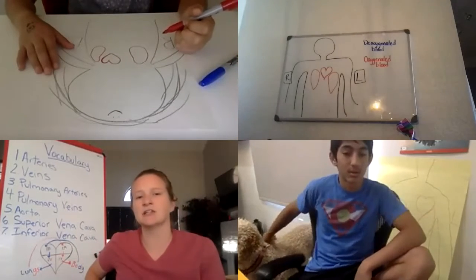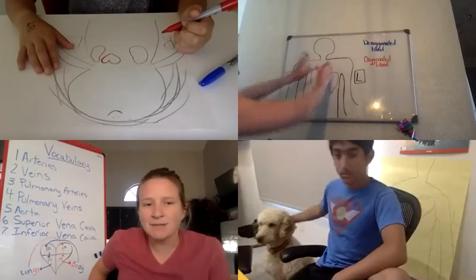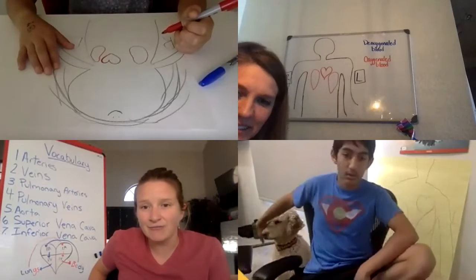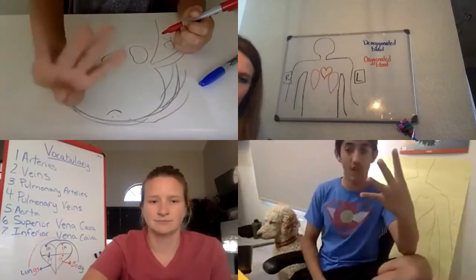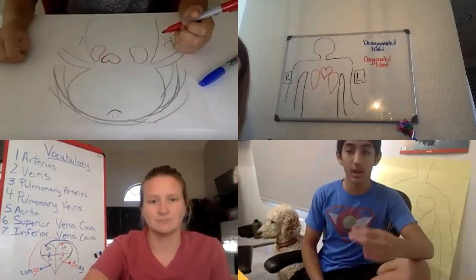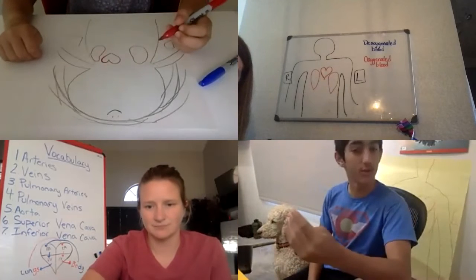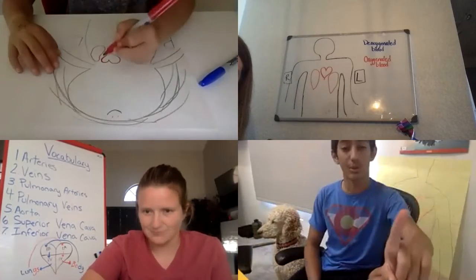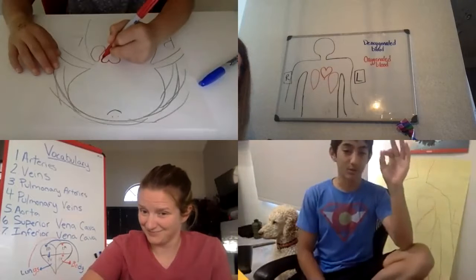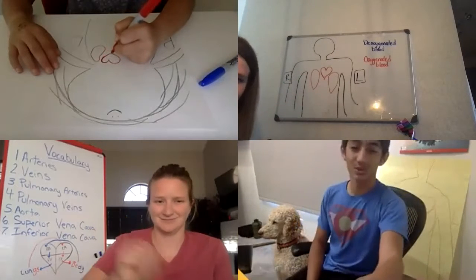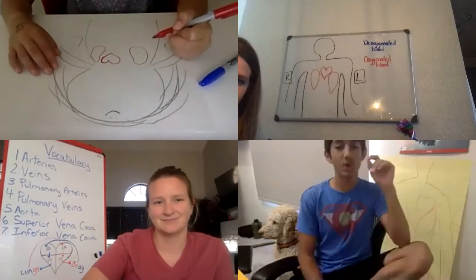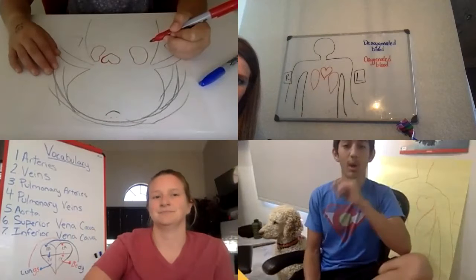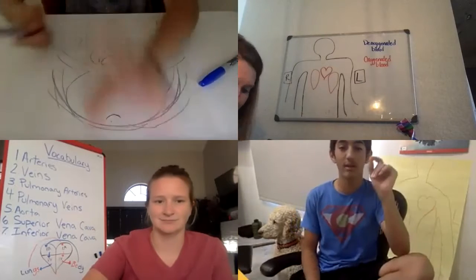Now to test your knowledge a bit, how many chambers does that heart have? It has 4 chambers, 2 atria, and 2 ventricles. Yes, ventricles. The right atrium receives oxygen-poor blood from the body and pumps it to the right ventricle.